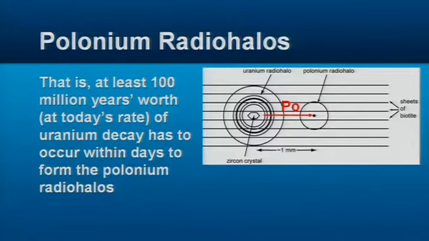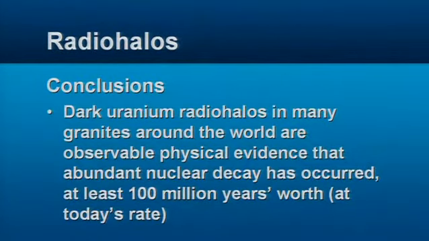But what it means is that at least 100 million years worth at today's rate of uranium decay has to occur within hours to days for these polonium radiohalos to form alongside and at the same time as the uranium radiohalos.